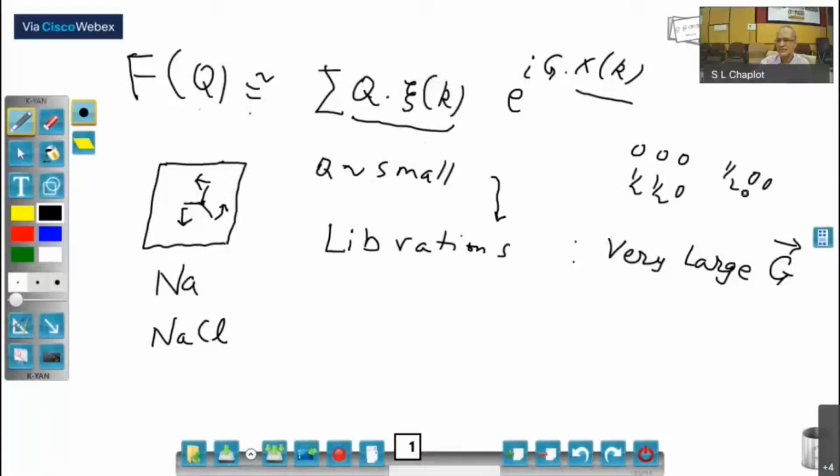Or in the case of silicon, for example, the atoms are at quarter, quarter, quarter. So when you have the atomic positions at such high symmetry sites, the structure factors have some kind of a periodicity. So the structure factors will just repeat depending on what these numbers are.